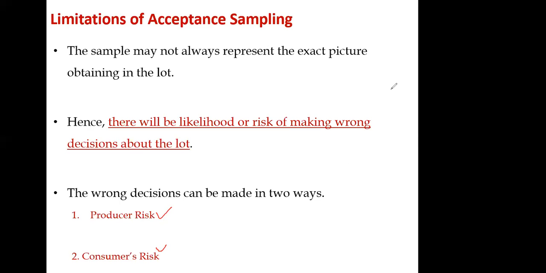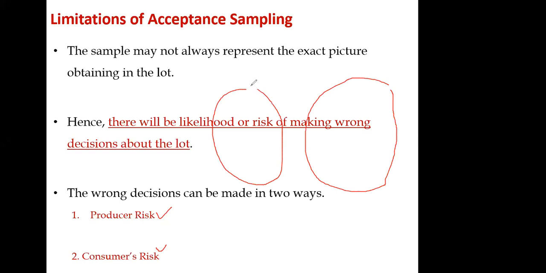sometimes it's not good for the customers. For example, we assume like this. We have two samples. In the first case, the cross means the defectives, and these are the okay ones, the high quality products. The researcher collects a sample from this group.